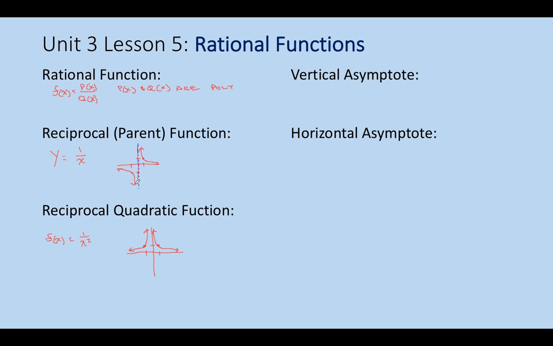And same down here, it'll get infinitely close to the blue dotted line, but never touch it. Over here, this one also has a vertical asymptote. Both of these will get infinitely close, but never touch it.